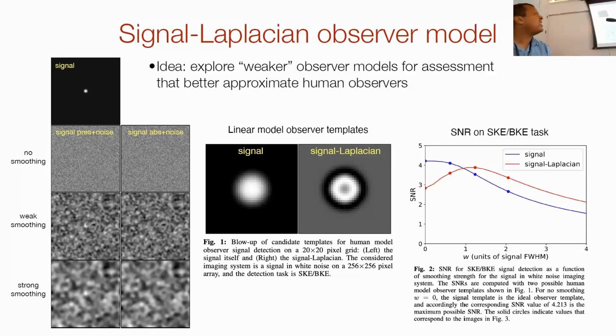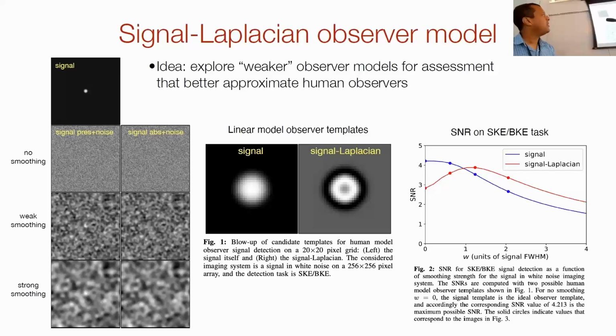All right, so let's look at, okay, SNR is related to AUC, but let's look at the metrics for both using the pure signal, which would be the ideal observer, versus the signal-Laplacian, which is this thing on the left. So the pure signal is the blue curve, and the proposed signal-Laplacian is the red curve.